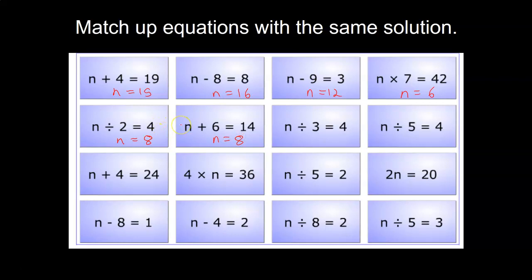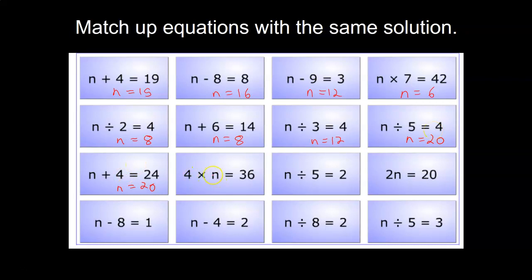So those two are a pair. The inverse of divided by 3 is multiplied by 3. So these two here are a pair. The inverse of divide by 5 is multiplied by 5. The inverse of add 4 is subtract 4. So those two are a pair.